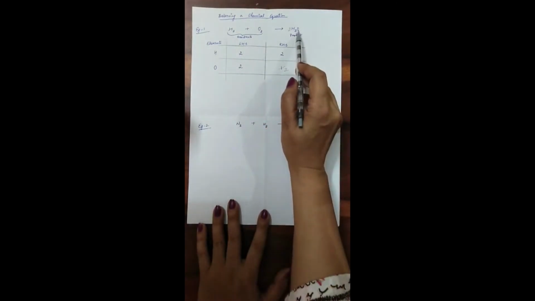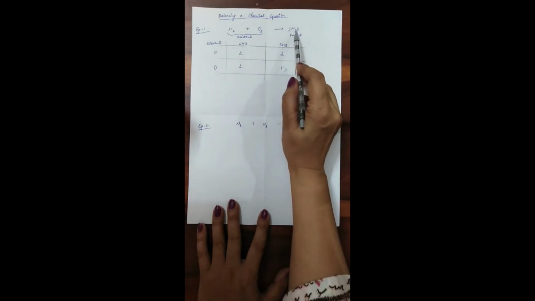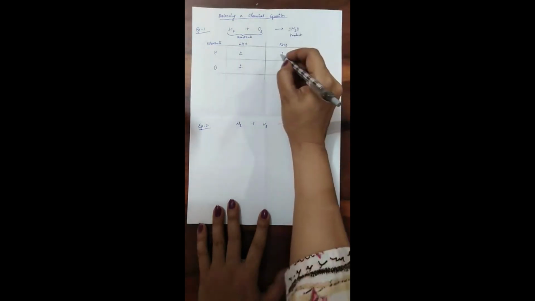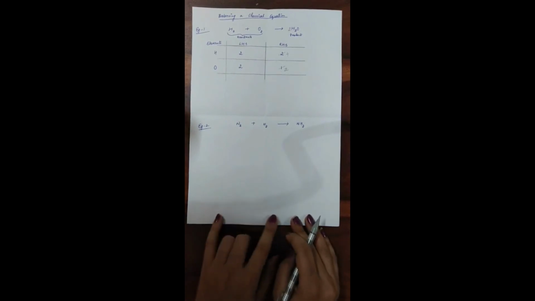But at the same time, with the oxygen element, the hydrogen element is also present. Now check the number of hydrogen atoms here. 2 2s are 4. Instead of 2, this has now become 4. That means in order to balance a particular element, sometimes we are again unbalancing the number of atoms of the other element.